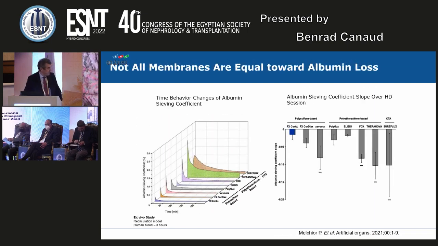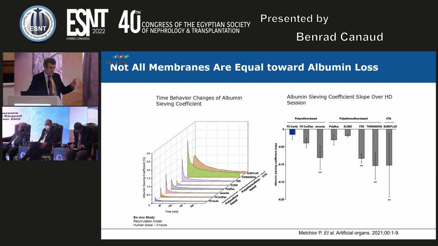I showed this morning this slide showing that, depending on the geometry of the membrane, the porosity, and the sterilization process of the membrane, you can reduce this albumin loss. But remember, the albumin loss is almost 80% within the first 60 minutes of the session.